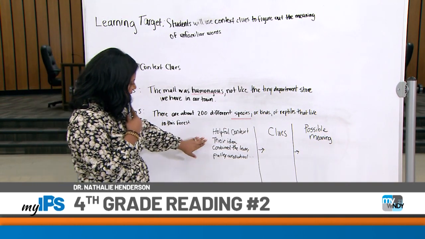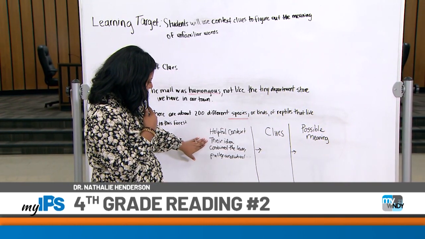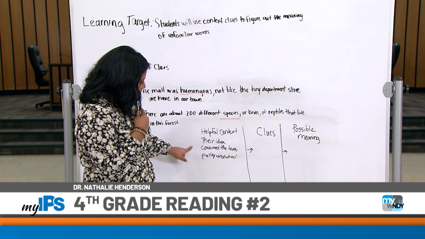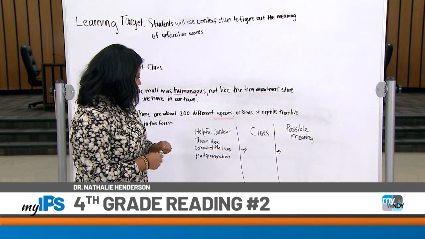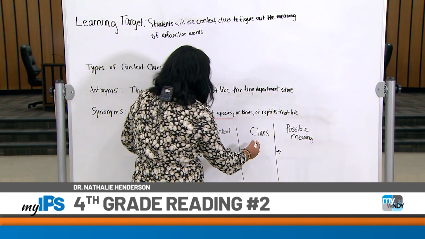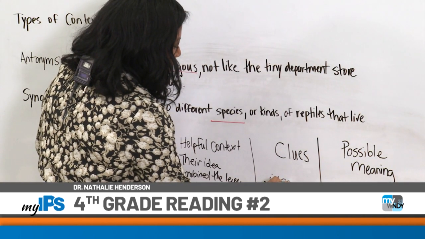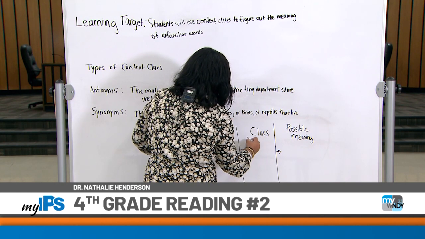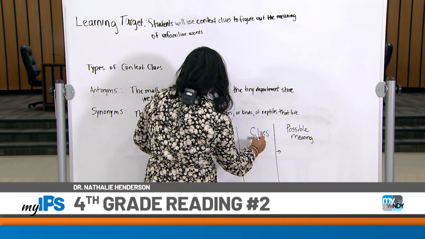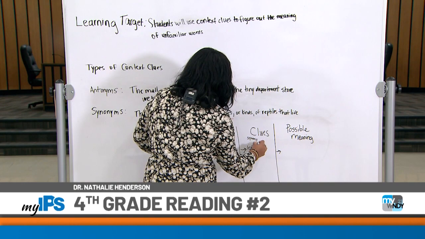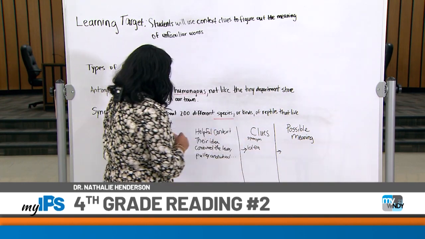When I read my sentence, their idea, I know what idea means, and it says that their idea combined helped make the machine. So I'm going to say my clue is a synonym clue. And I'm going to put synonym, and I hope that I spell it correctly.